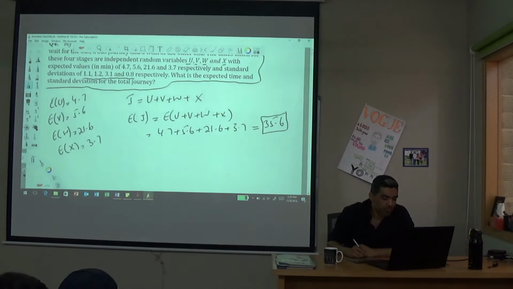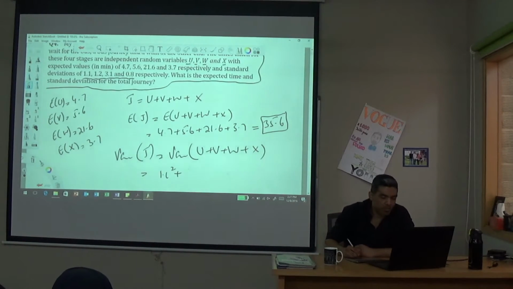So the variance of j would be the variance of u plus v plus w plus x, and that would be 1.1 squared plus 1.2 squared, because these are standard deviations, so the square of the standard deviation is the variance. Plus 3.1 squared plus 0.8 squared.